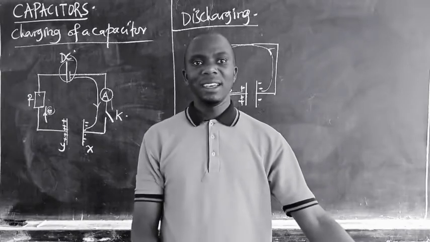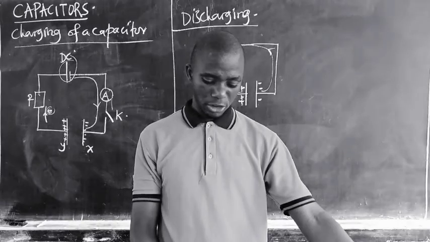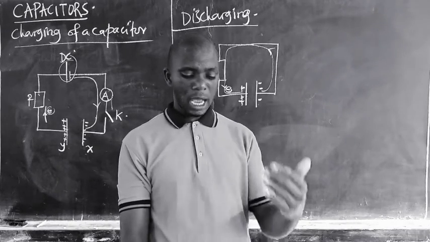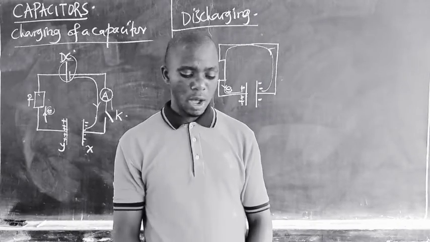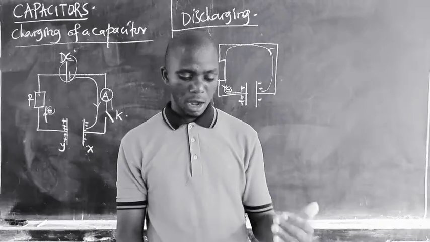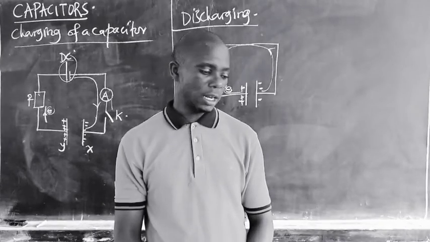That is simply the charging and discharging process of a capacitor. Then when we come back, we are going to look at some of the things that actually happen when we are charging and when we are discharging.